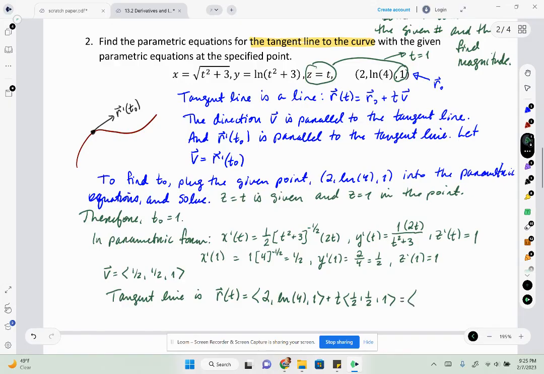I can bring those together, get 2 plus t over 2, ln of 4 plus t over 2, and 1 plus t. And that is the equation for the tangent line to the curve.